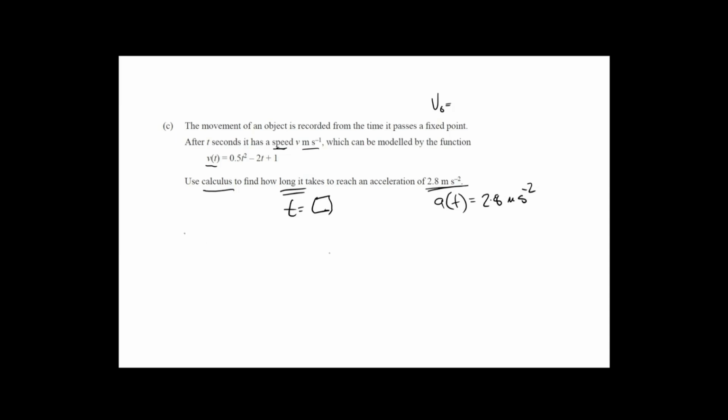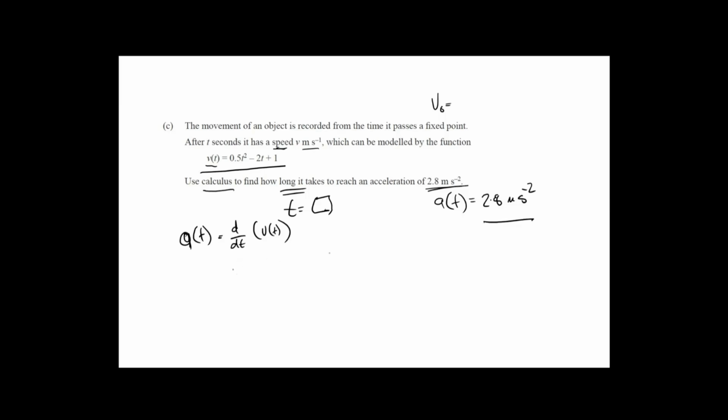Okay, the acceleration, as this is an a, not a 9, is the derivative with respect to time of the velocity. So we're going to have to differentiate that and set that answer to 2.8, and then solve for t.